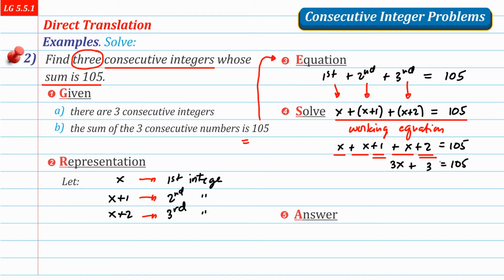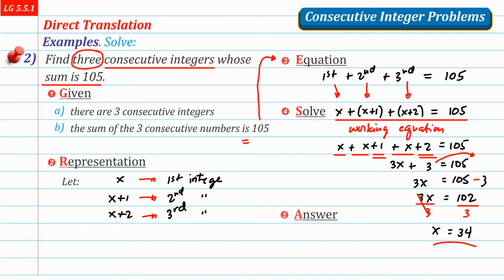Transpose 3, so it becomes minus 3. We have 3x is equal to 102. Divided by 3, therefore x is equal to 34. Very good.